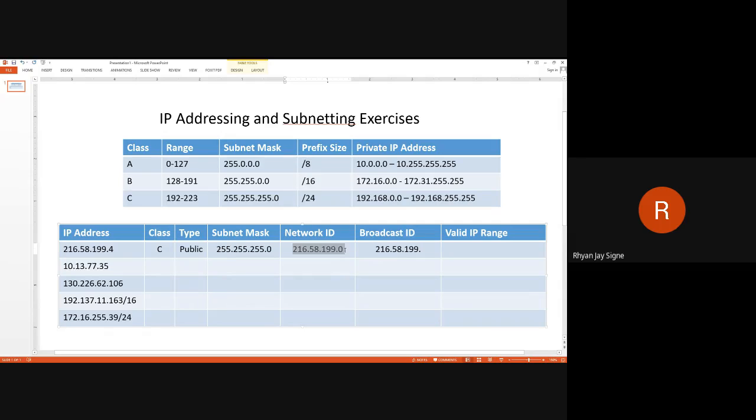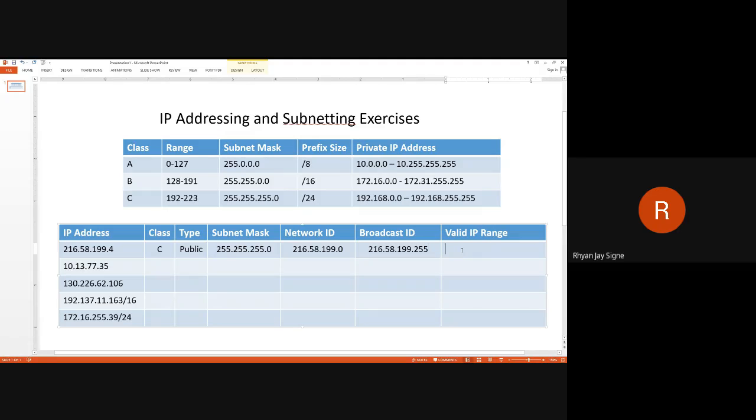In the broadcast ID, all host bits are set to 1, meaning all 8 bits are set to 1, and that is 255. This is the network ID, and this is the broadcast ID.